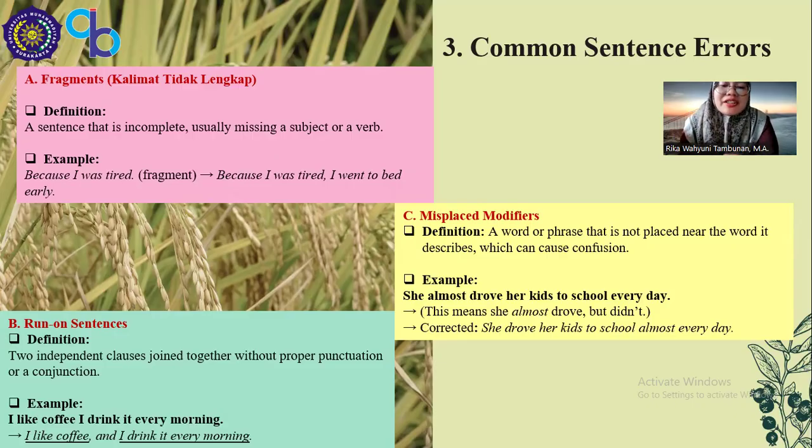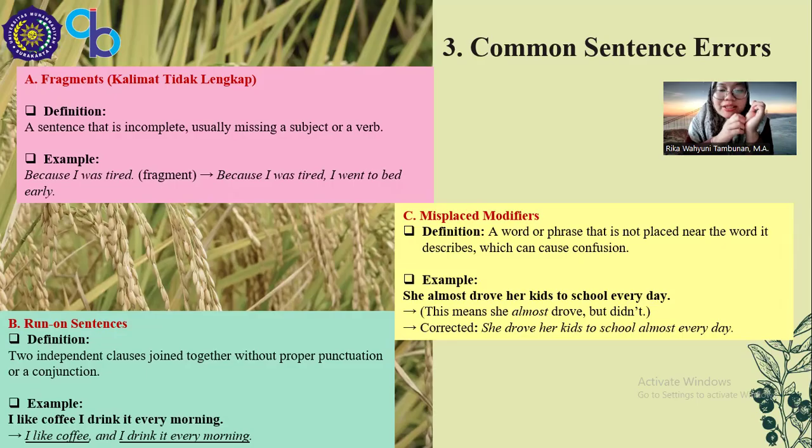Now we go to the third common sentence error. The third one is misplaced modifiers. Okay, what's that? So what is a misplaced modifier? A misplaced modifier happens when a word or phrase is too far from the word it describes.